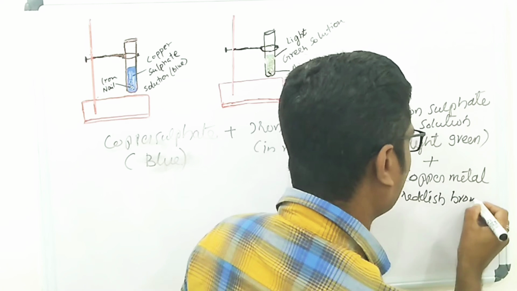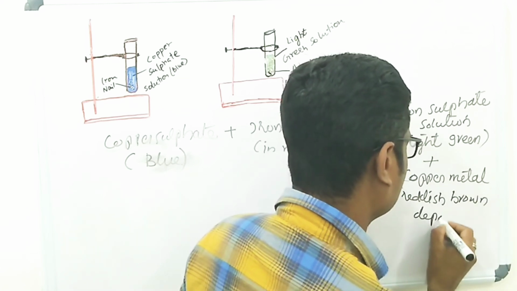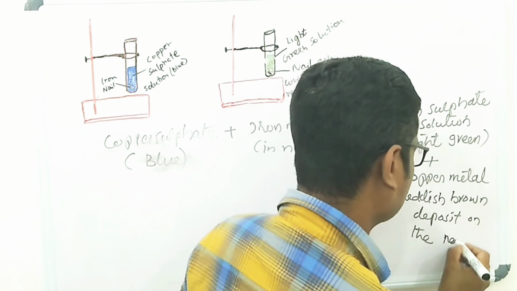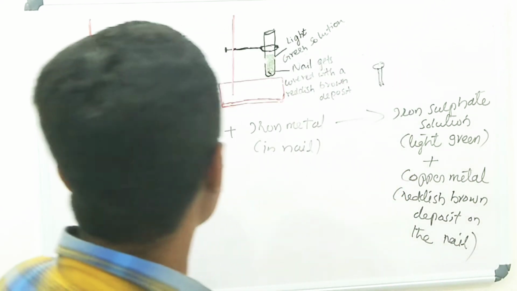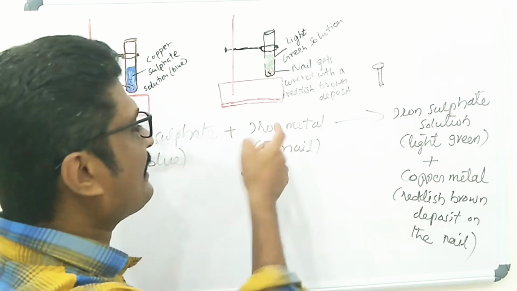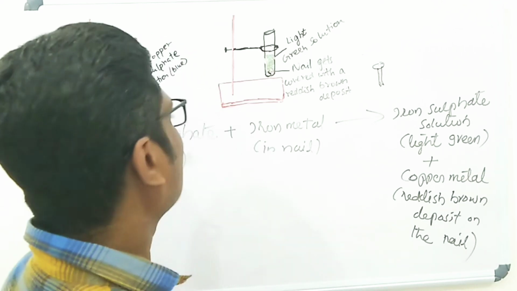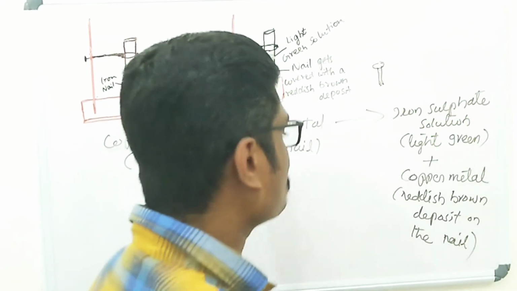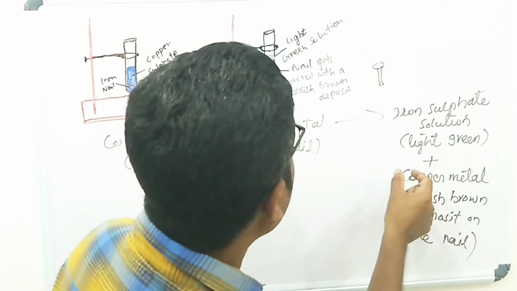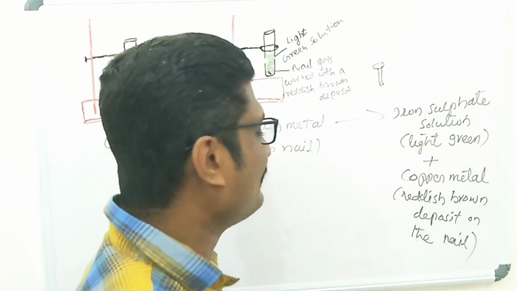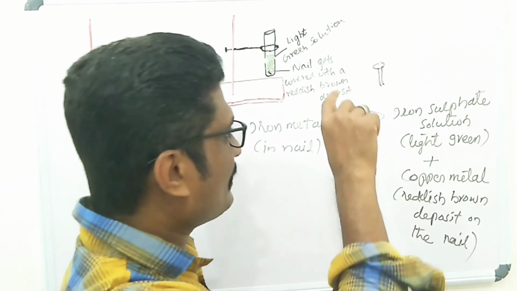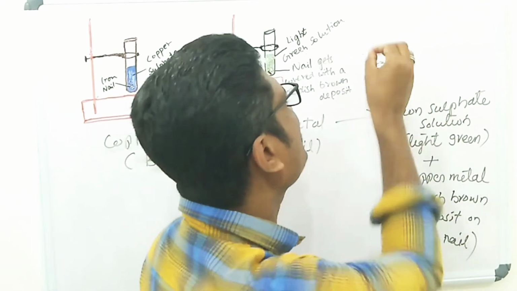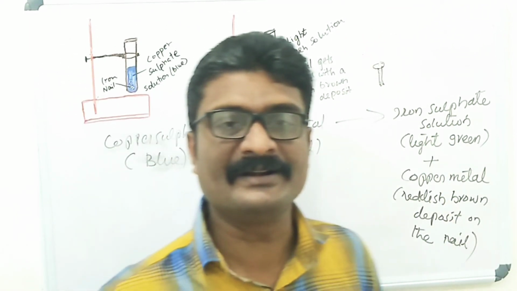Here the reaction between copper sulfate and iron metal takes place, and it forms light green colored iron sulfate solution, and copper metal deposits on the iron nail. That is the reason behind the reddish brown deposit on the iron nail.